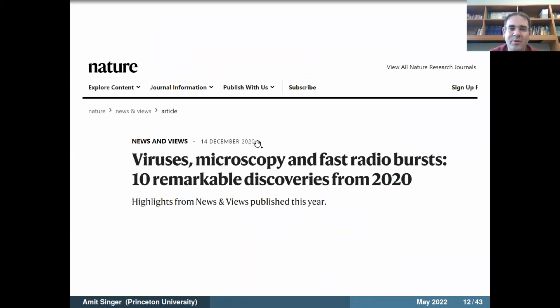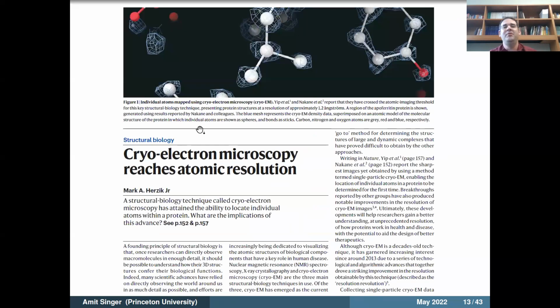So December 2020. Again, Nature selected the 10 most remarkable discoveries of 2020. Obviously, viruses led the way in 2020, but also you see microscopy. The reason why microscopy is here is because that year cryo-EM was able to reach atomic resolution.